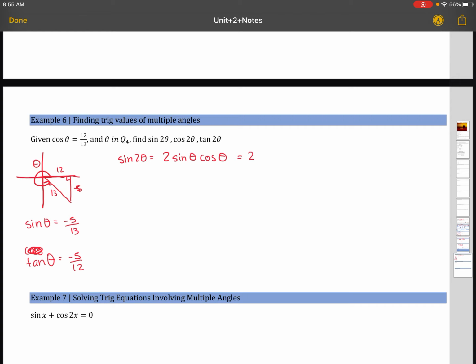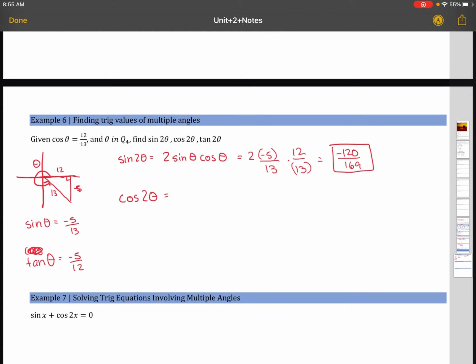So now 2 sine theta cosine theta is going to be 2 times -5 divided by 13 times 12 divided by 13. And that comes out to -120 divided by 169. Does that simplify? Nope. Let's just leave it at that.